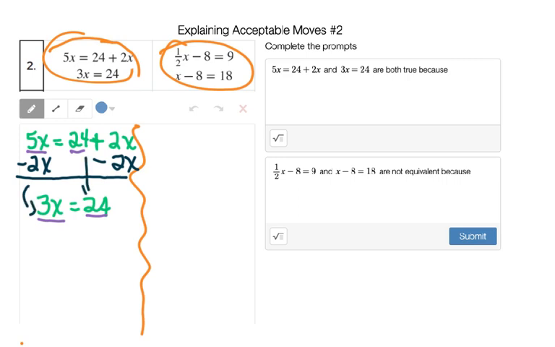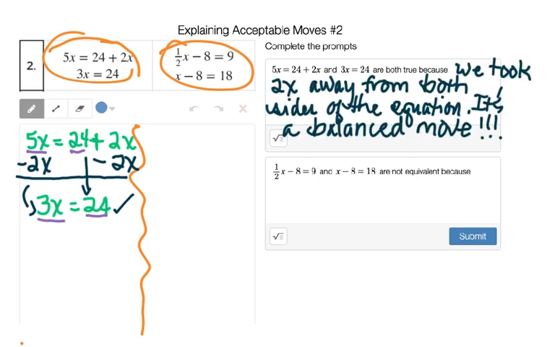And I've got 24 right here. So this is true. They are both true because we took 2x away from both sides of the equation. So I wrote here, we took 2x away from both sides of the equation. It's a balanced move. Again, I took it away from the left and the right-hand side.